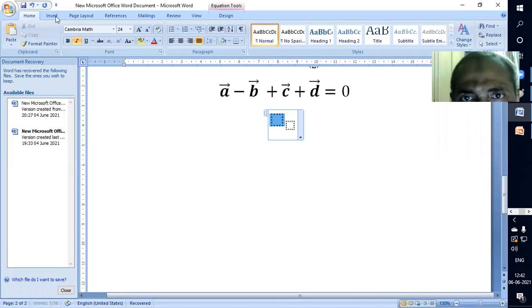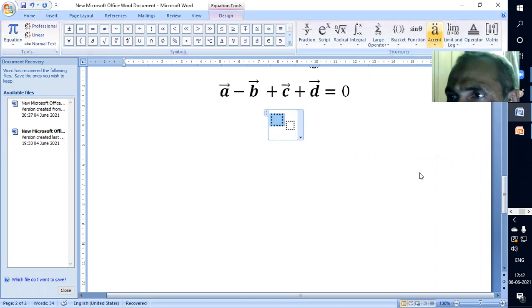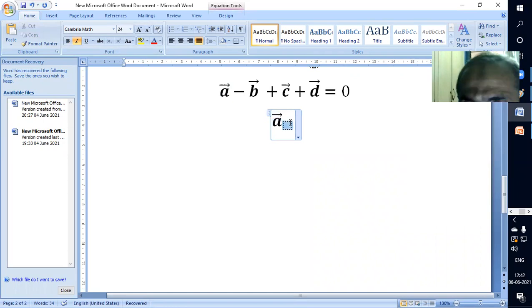Let me write the name of this vector. A, and some subscript will be there. Of course, subscript is X. Let me take the green color. And let me take another vector.